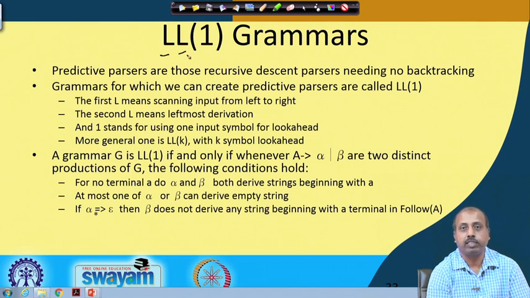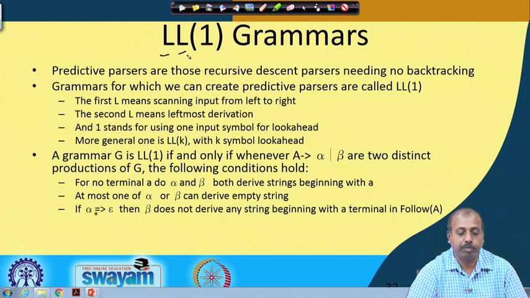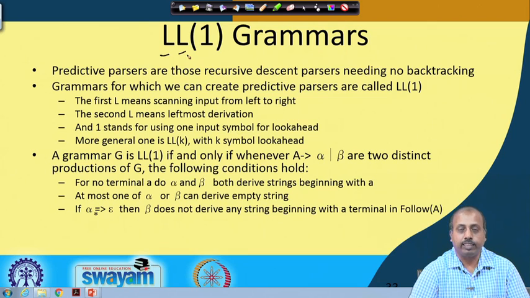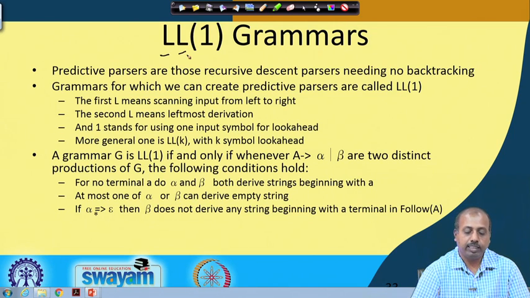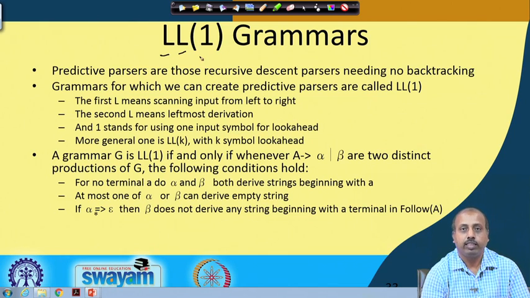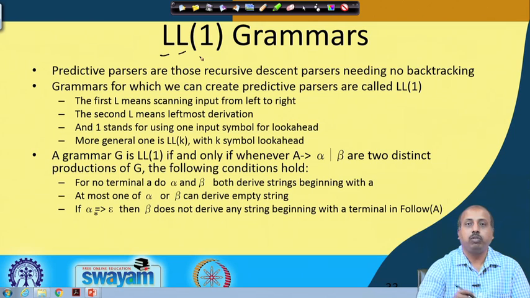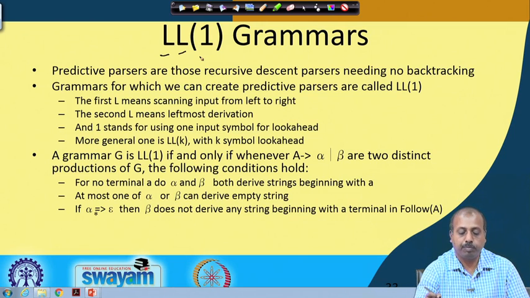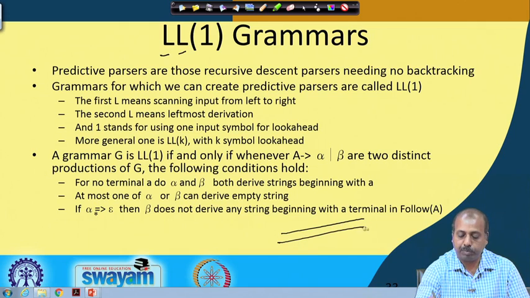So, the parser or the compiler that will be designed based on LL1 strategy will be scanning the input from left to right and it will produce a leftmost derivation of the input string. And in general we have got LLK. In this particular case k is equal to 1, that tells how many symbols of look ahead we use for the parser to proceed. Look ahead means that we are looking at the current symbol.